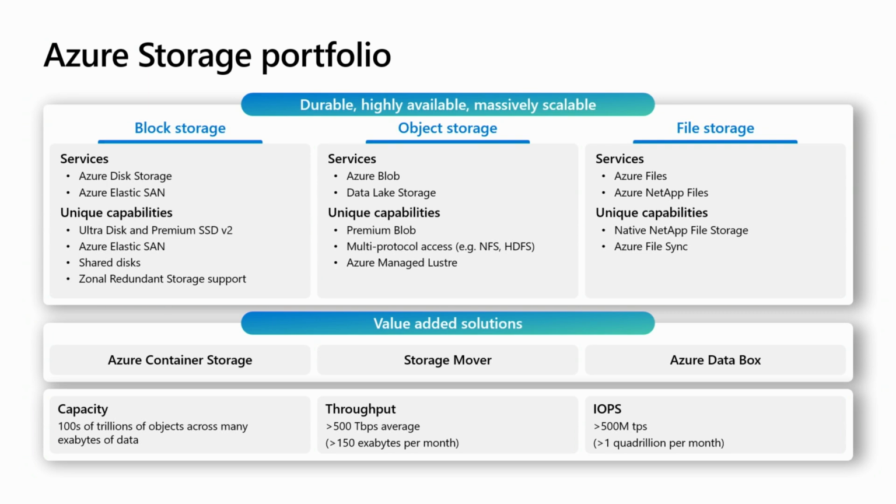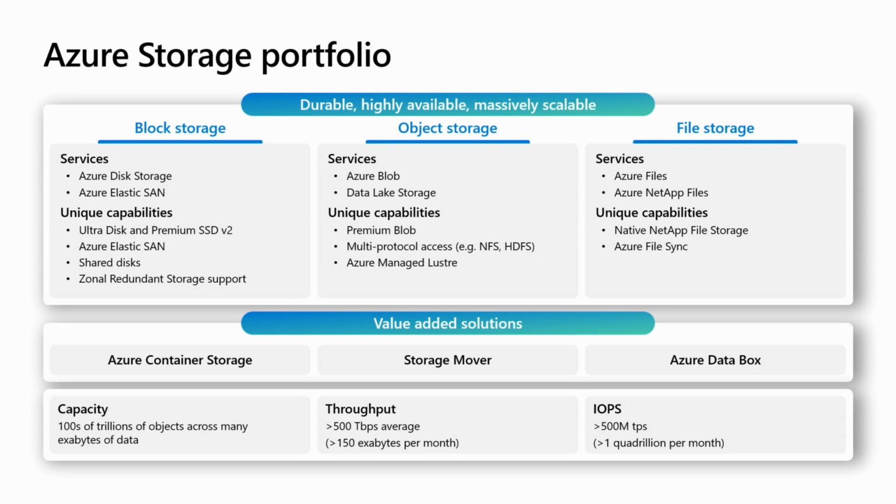All of these services are built by one engineering team on one common platform. And the platform is massive. It is the place where all unstructured data for all Azure services and most Microsoft services is stored. So if you use M365 Teams, you're using Azure Storage underneath the covers.